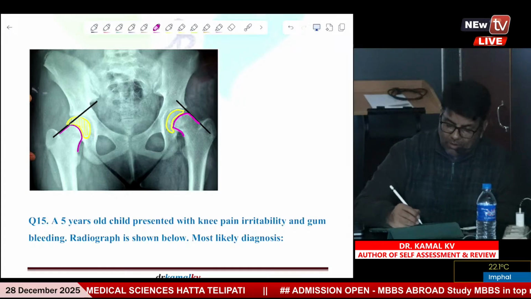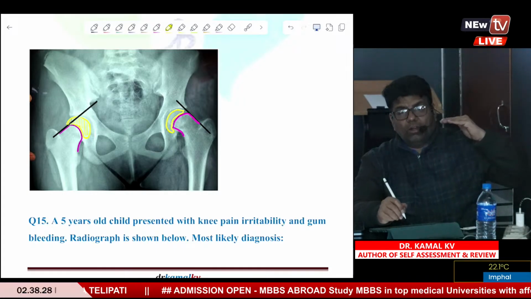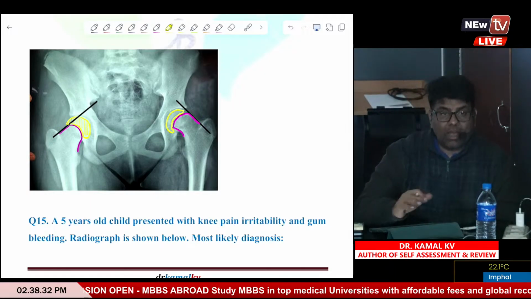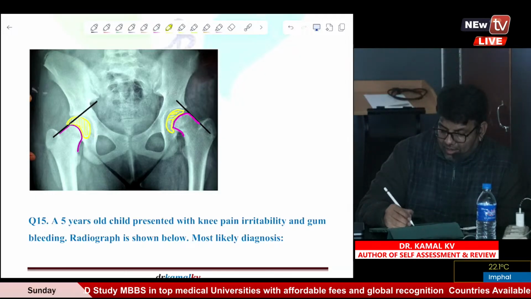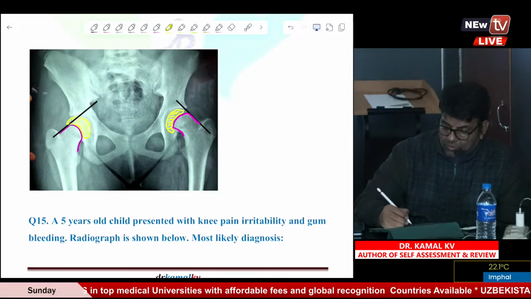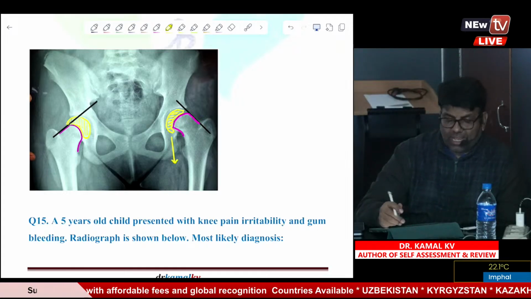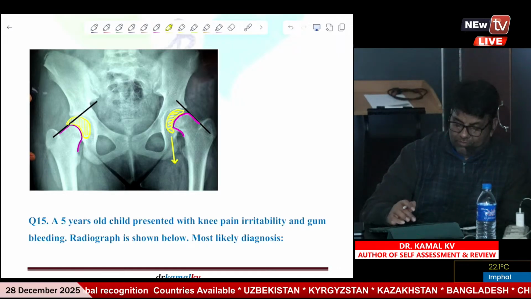The line which was drawn along the upper border of the neck of femur passes above the femoral capital epiphysis. So it means the femoral capital epiphysis has slipped. It has moved down, therefore the line is passing above that.